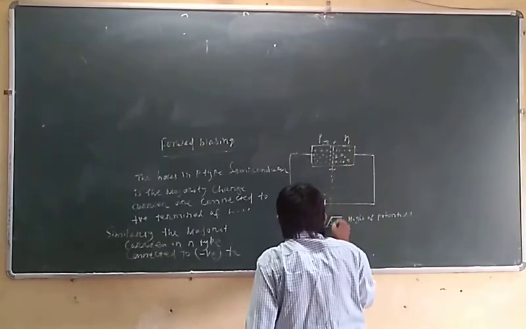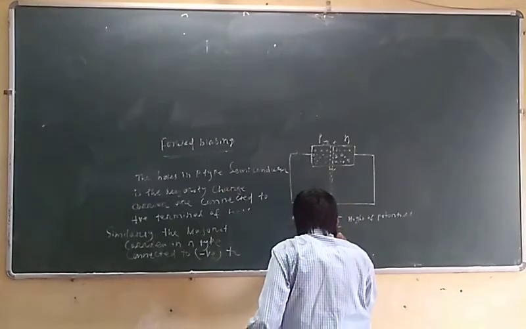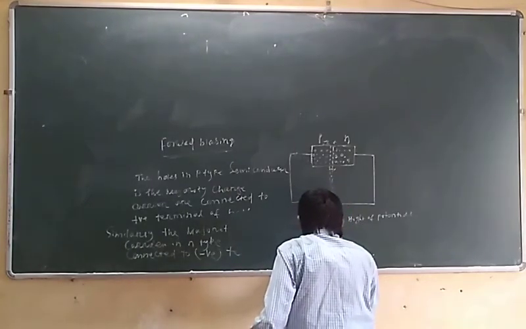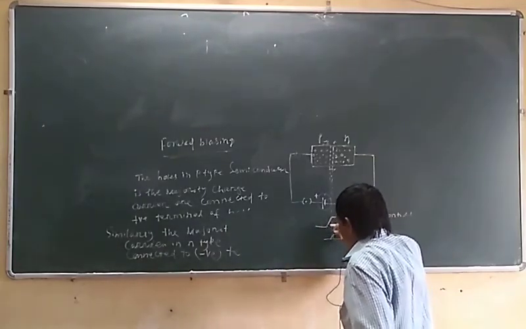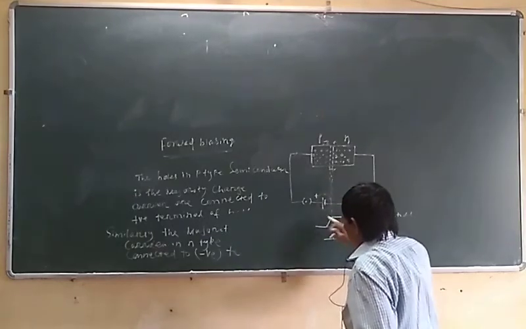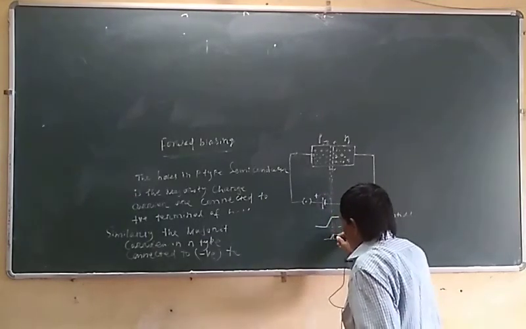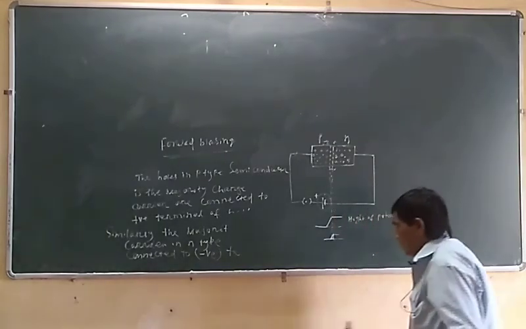This is the higher potential, this is the lower potential, then it will be minimized to this side. So initially this is the potential barrier, then after applying the supply, the potential barrier will be minimized.